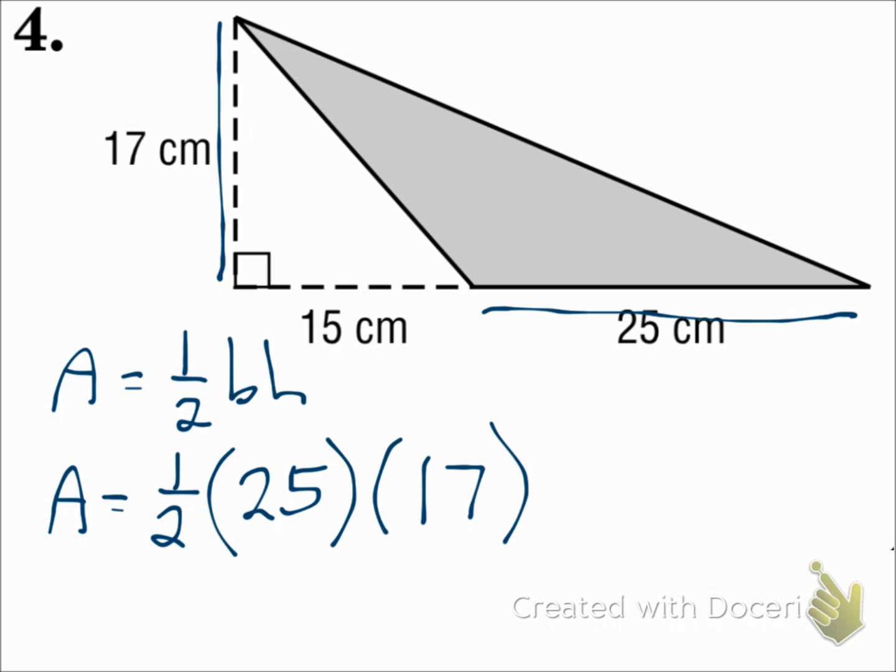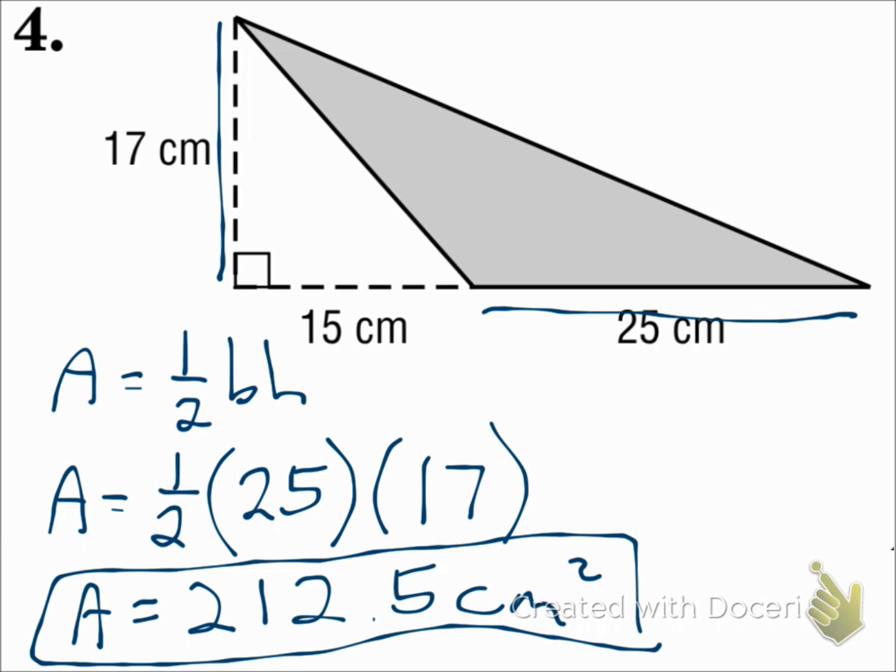So we've substituted in our base and height, work that out, and we get 212.5 centimeters squared. Always substitute in the correct numbers. We didn't include the 15 in the base because it was not part of the base. Only do the length of the base, which in this one is 25.